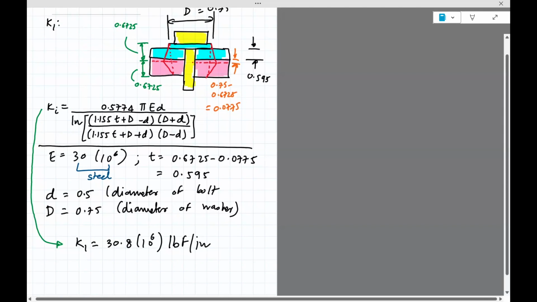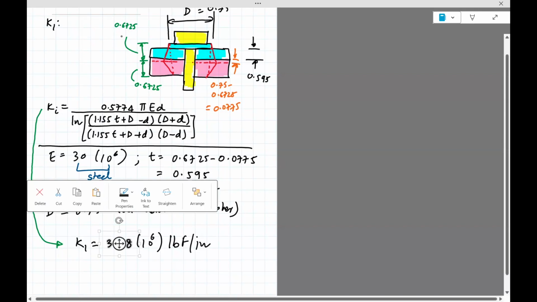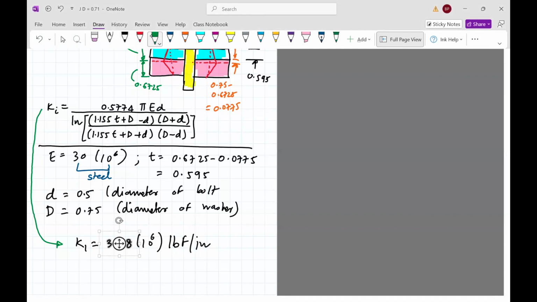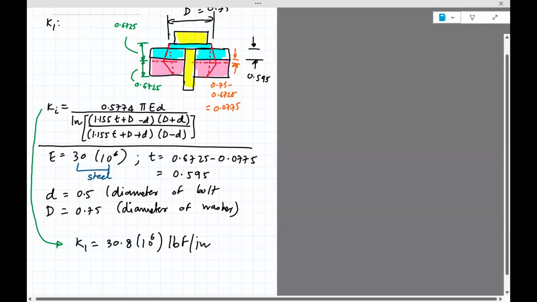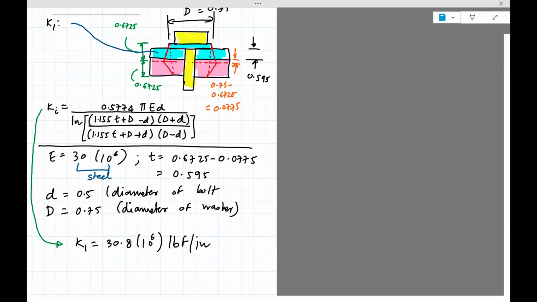This one is probably the most involved one. We need to now compute K2. K1 is for just this part. Let's do K2.